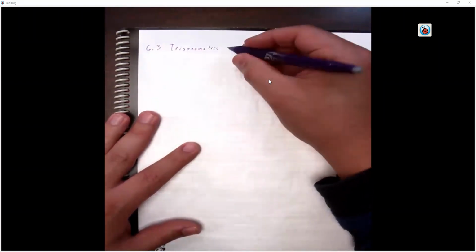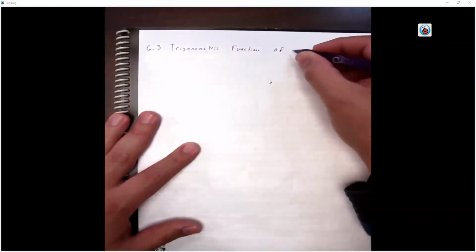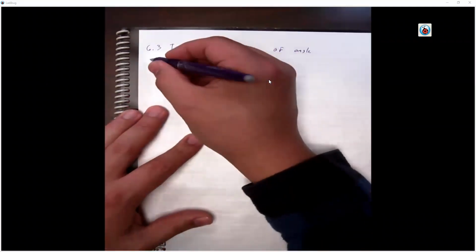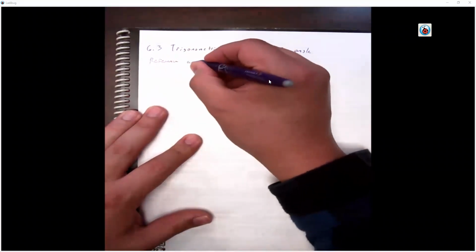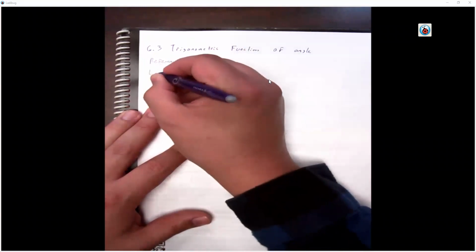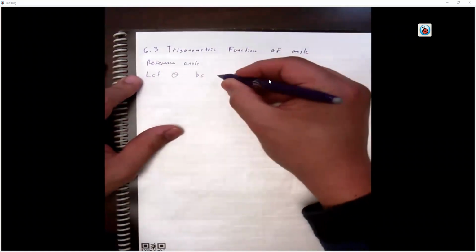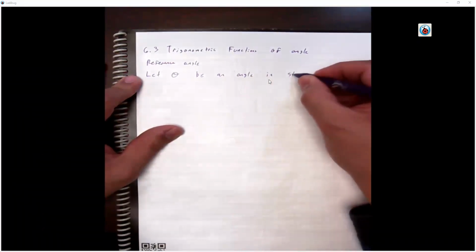The trigonometric functions of angles. So they go over reference angle again, which we will do one example and move on because we've done it already. But here's the definition, just in case I don't remember if we defined it. Trigonometric functions of angles. This is the reference angle definition. Let theta be an angle in standard position.